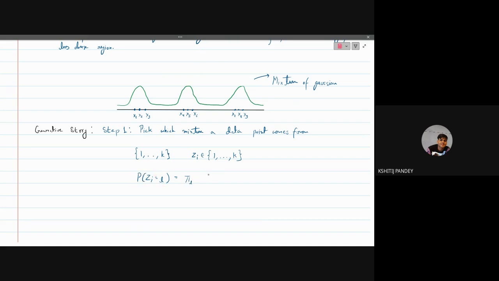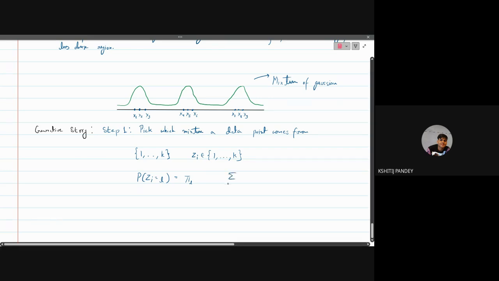This means that if you sum all the pi's, that will be equal to 1, simply because of probability.